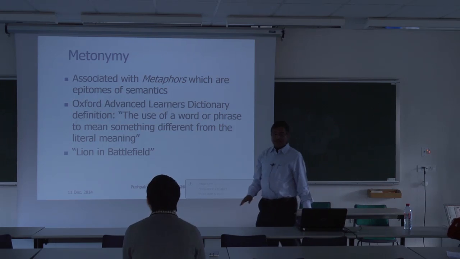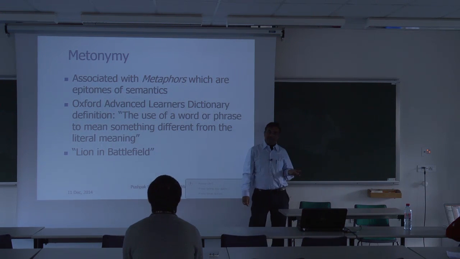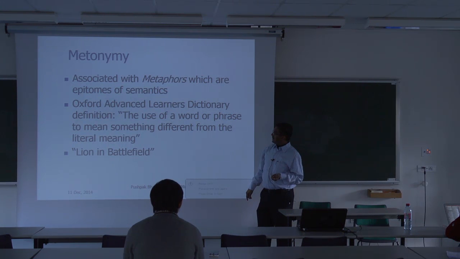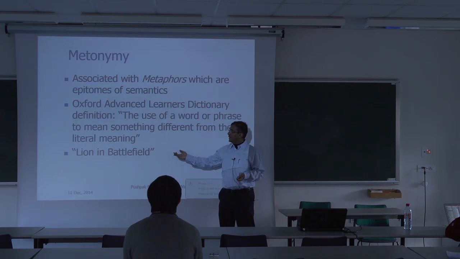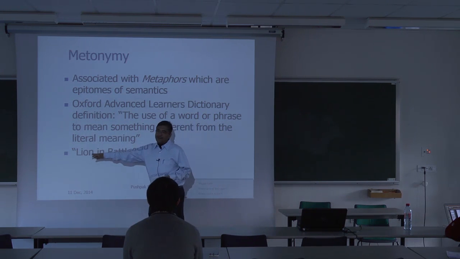Now, the recent development in WordNet is to be able to capture metonymy, which is concerned with metaphors. For example, if we have a sentence like "he is a lion in the battlefield," then a machine or even a child would get confused: how can a person become a lion?